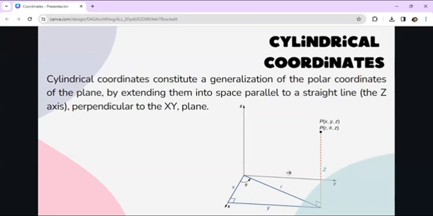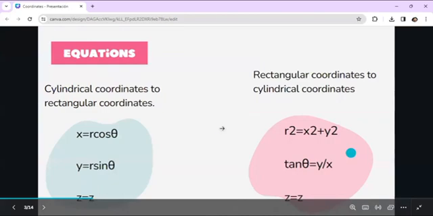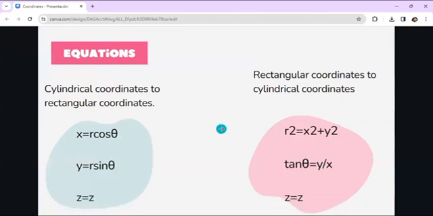We also have some equations that we will use to solve the examples below. The first equation is to convert from cylindrical to rectangular coordinates: x is equal to r cosine theta, y equal to r sine theta, and z equal to c.